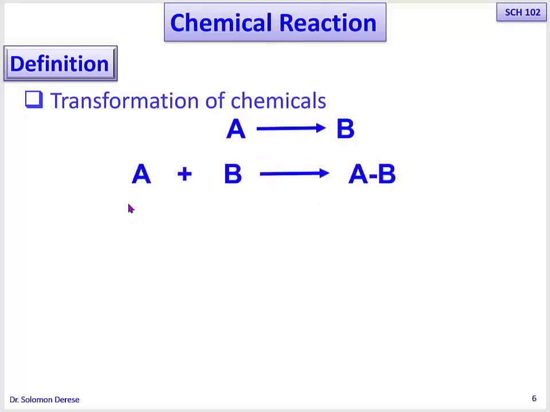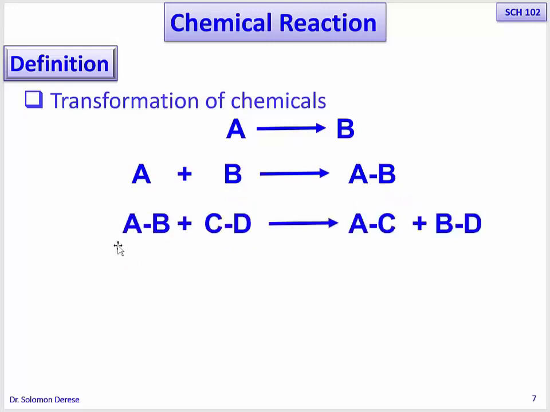Two or more reactants could react with one another to give a single product, or a combination of reacting species could react to give a combination of different products. This is basically what a chemical reaction is, a transformation of chemicals.